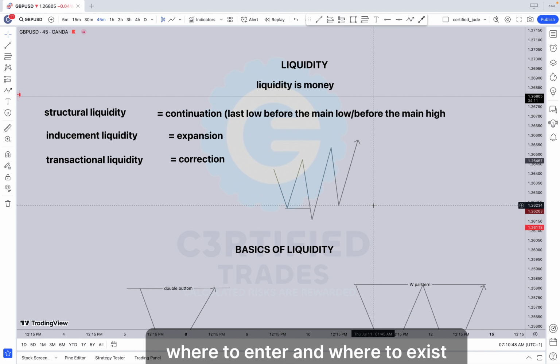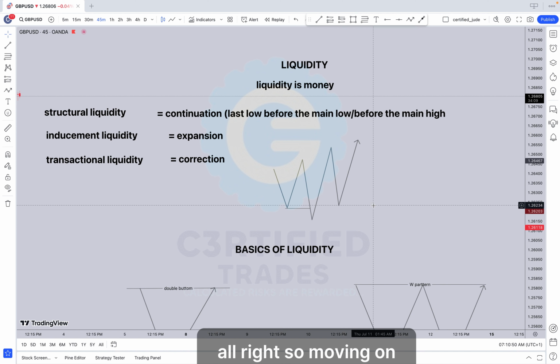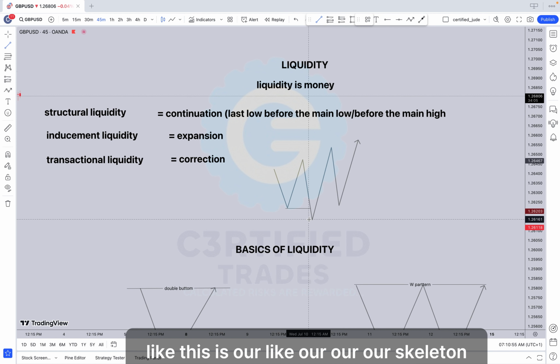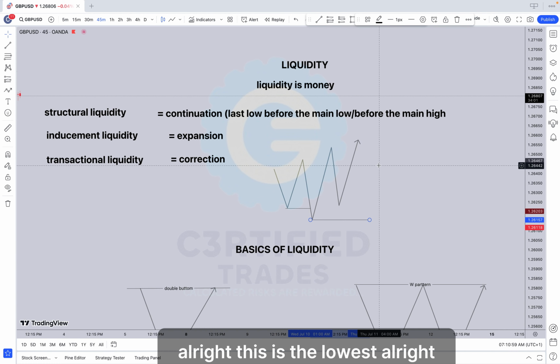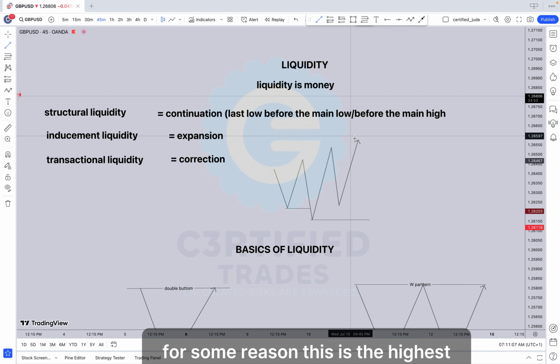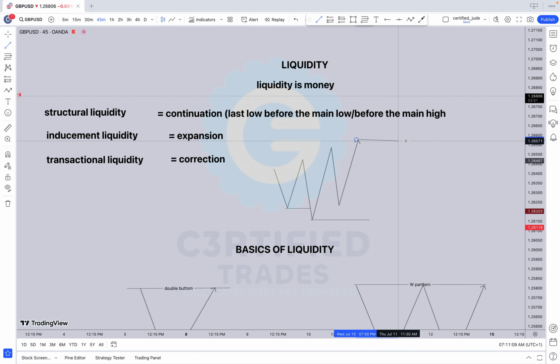This is our structural liquidity, our skeleton. After the sweep, this is the lowest, then this is the highest.